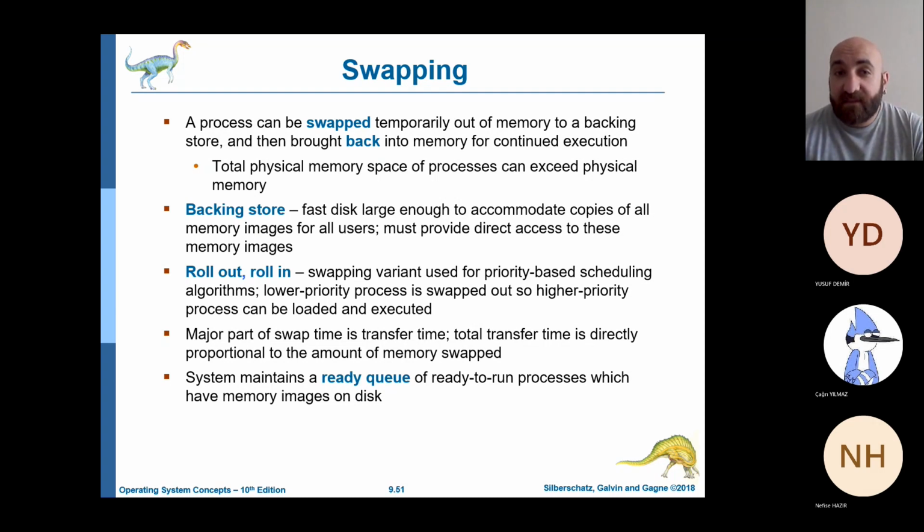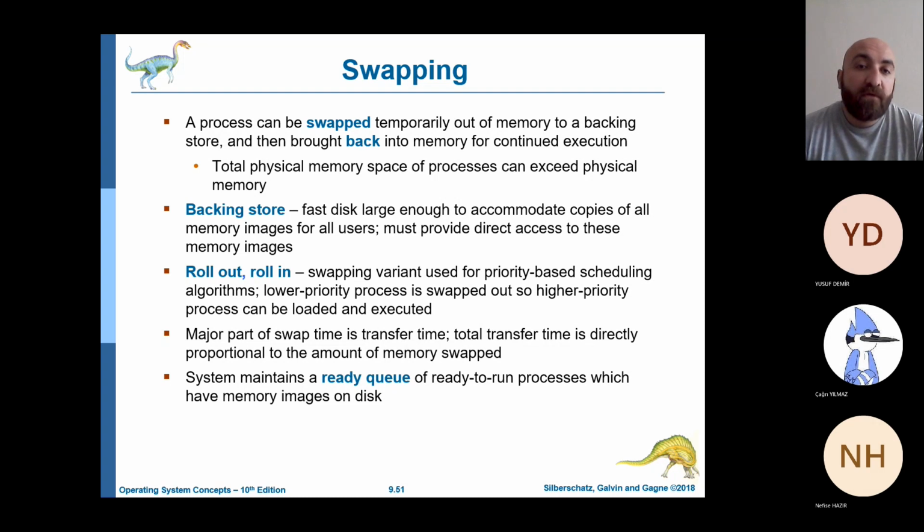This is called swapping. Swapping makes it possible for the total physical address space of all processes to exceed the real physical memory of the system, thus increasing the degree of multiprogramming in a system.